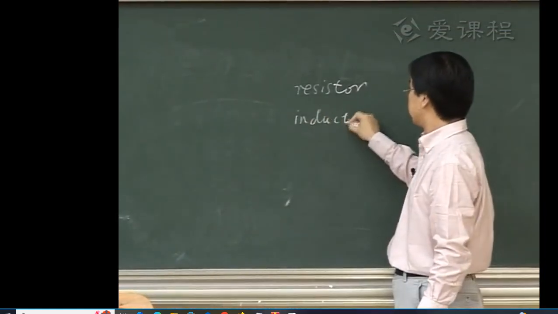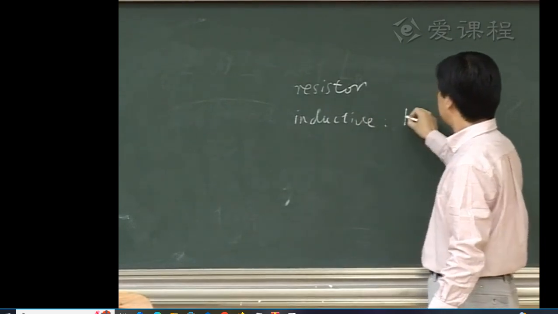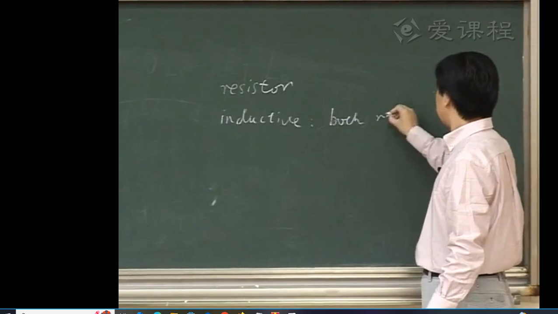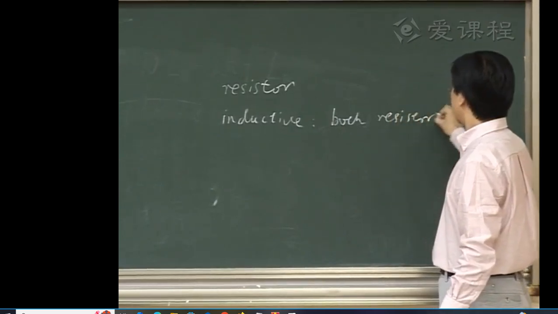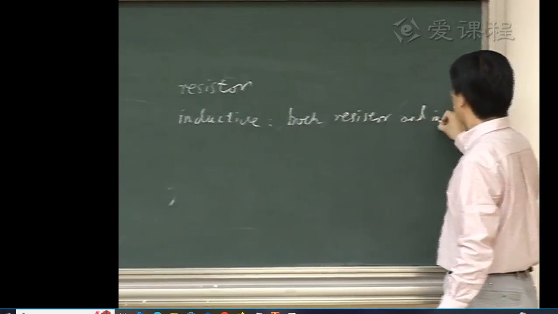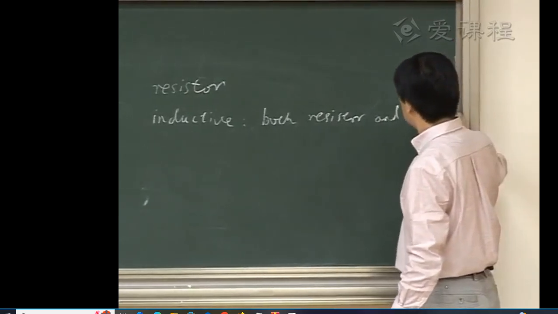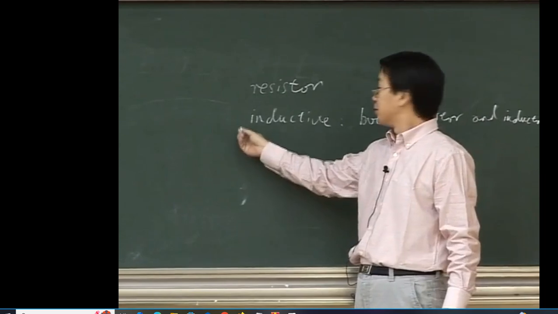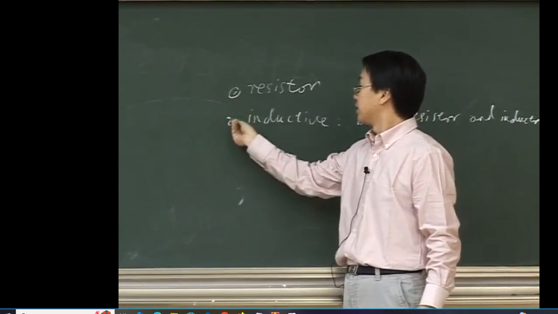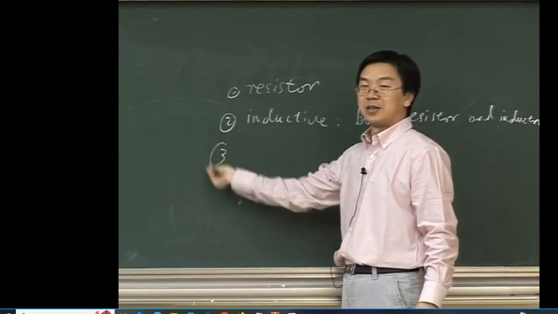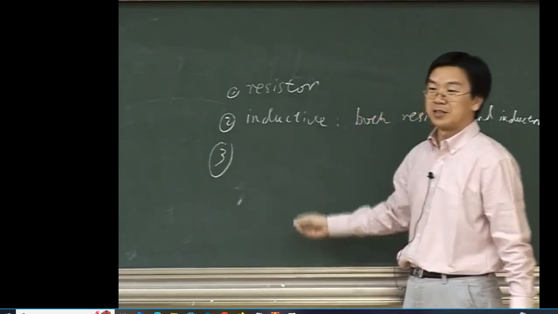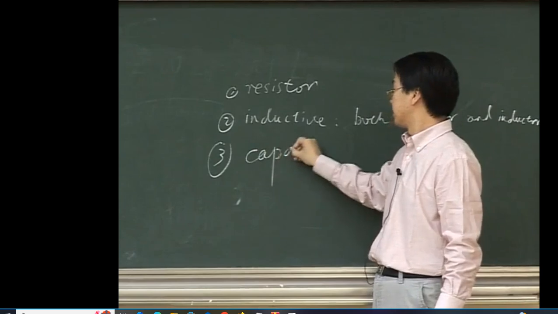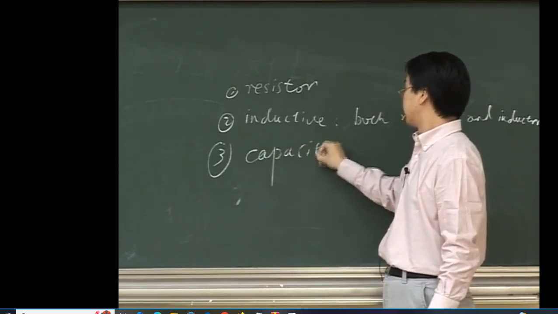Inductive means you have both resistor and inductor. You must have a question, why didn't we talk about the other situation? Clearly, there's another, what is that? Capacitor. We never talk about when the load is a capacitor or capacitive.